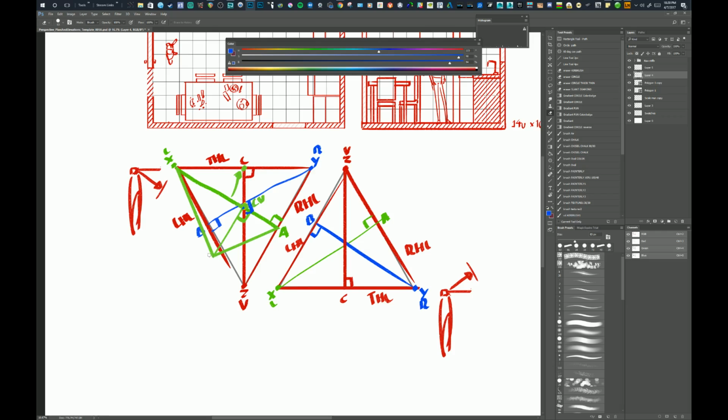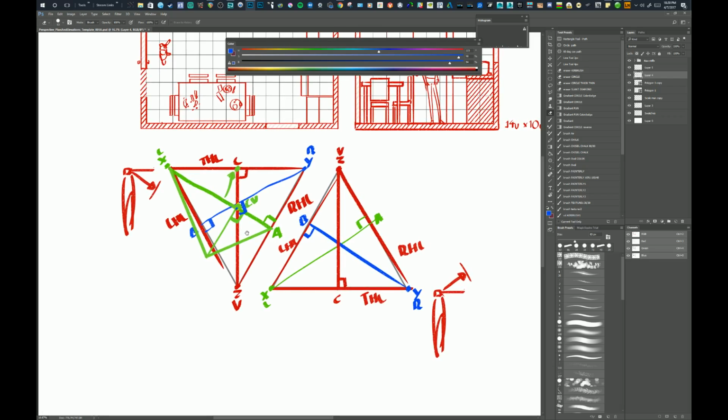Since we have our station point, we can now start creating measure points, and we can find our cone of vision. But for sketches, all we're going to do is go for our cone of vision.